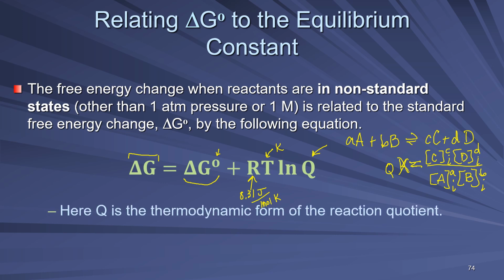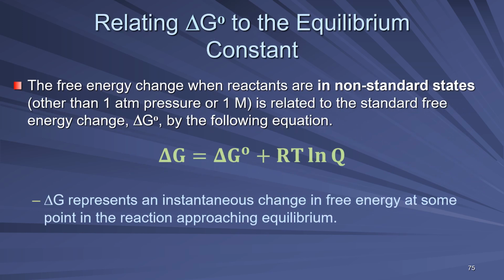So what does that mean? We can find delta G at other non-standard conditions. So that's useful, but what we're going to do is use this information to find the relationship between delta G and K, the equilibrium constant. Again, delta G is the change in free energy at some point in a reaction as it approaches equilibrium.